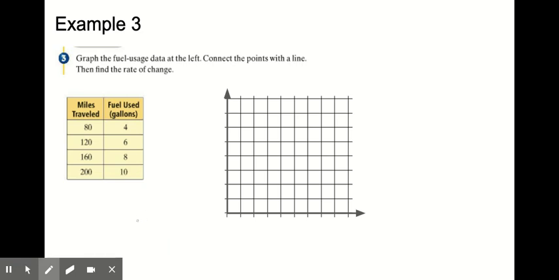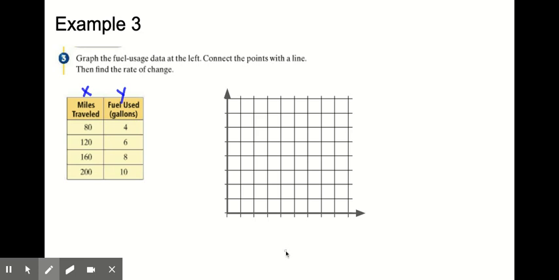Example 3, let's put this to use in real life. Graph the fuel usage data at the left, connect the points with a line, then find the rate of change. So they've already created the table for us. The miles traveled is my X. Fuel used is Y. Tables are always written that way.